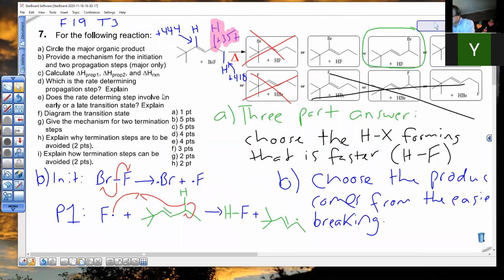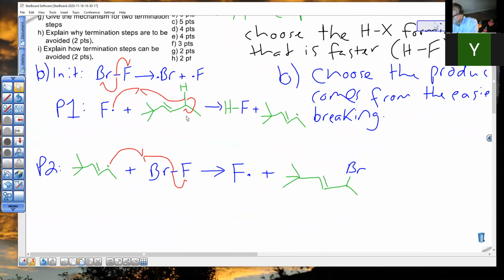So didn't we do some research already for the H's? Yeah, plus 357 for the secondary allylic H, which is being broken here. Do everything in black here. I don't think we looked up anything else. Are you making any new? Yes, we did. We looked up HF and HBr, and I don't remember the number.